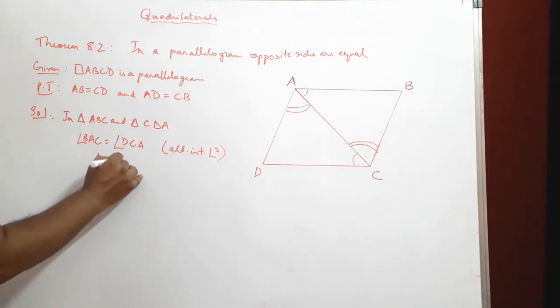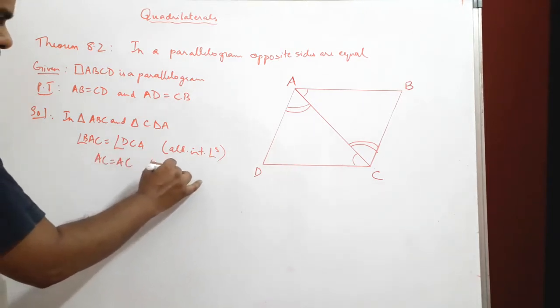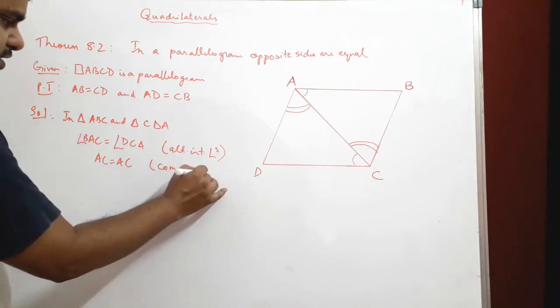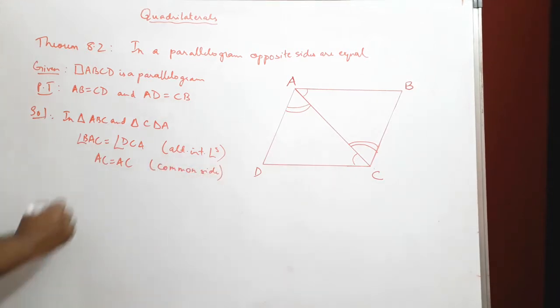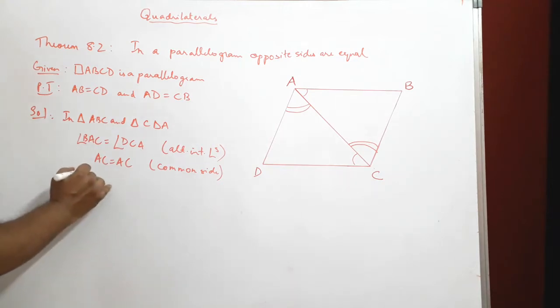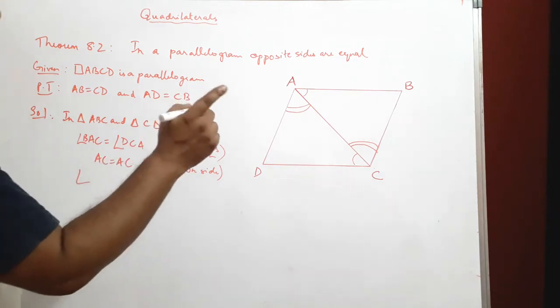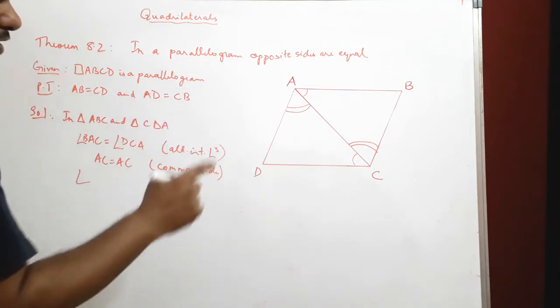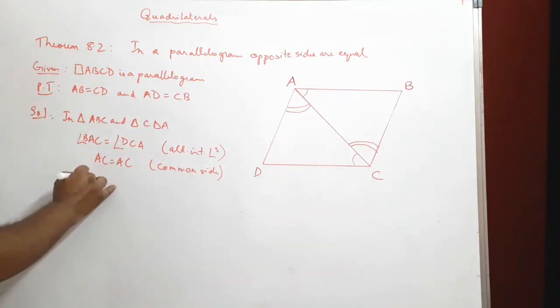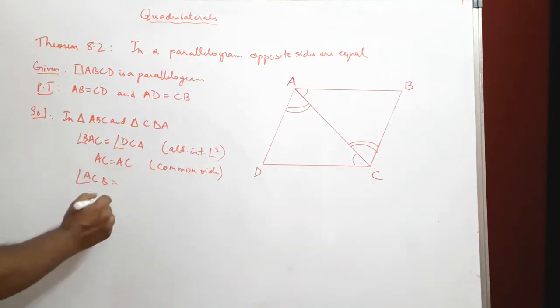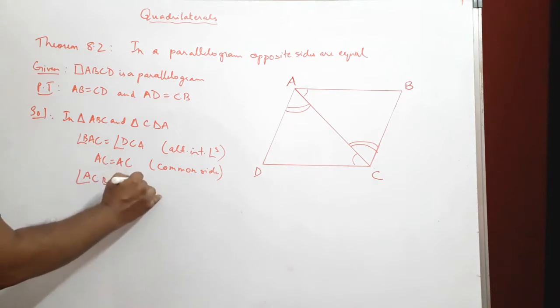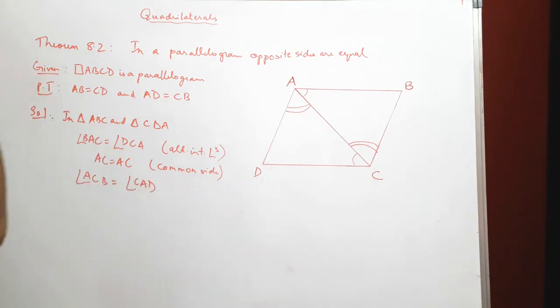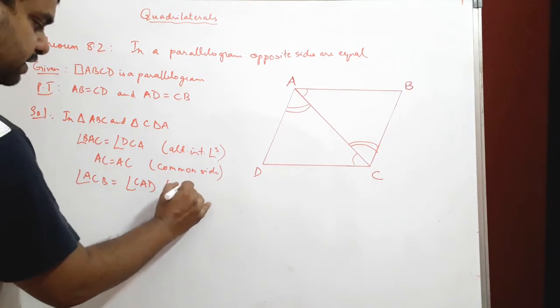AC side is common to both, so we give the reason as common side. The other angle that is equal is angle BCA, or ACB, equal to angle CAD, again alternate interior angles.